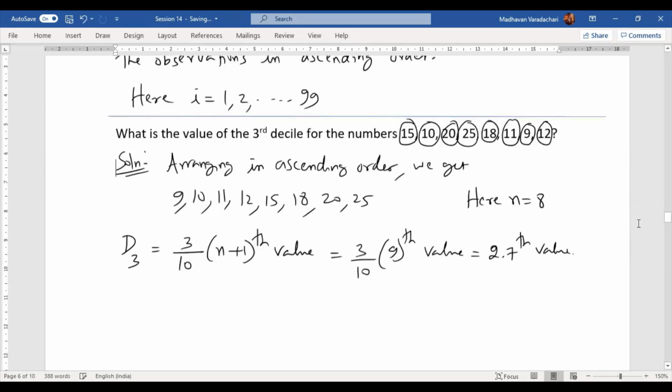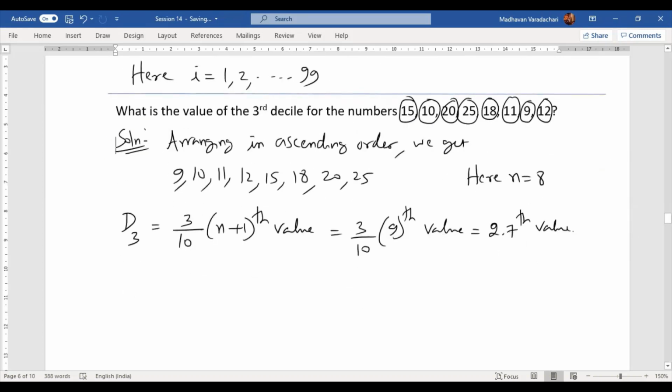So straight away I can split this 2.7 into 2 and 0.7. So that means this is the second value plus 0.7 times the next one, the third value, minus the same second value.